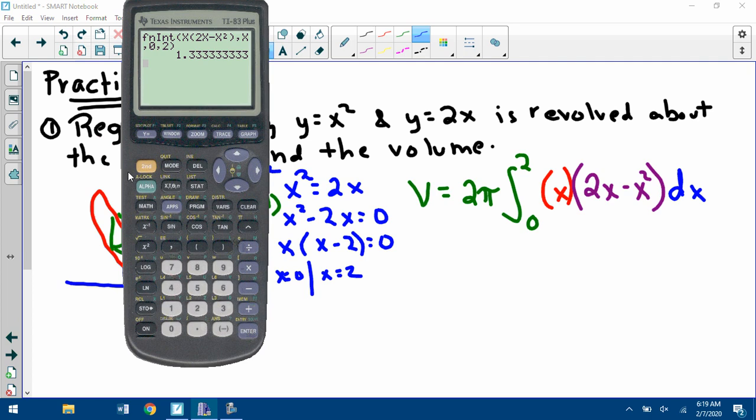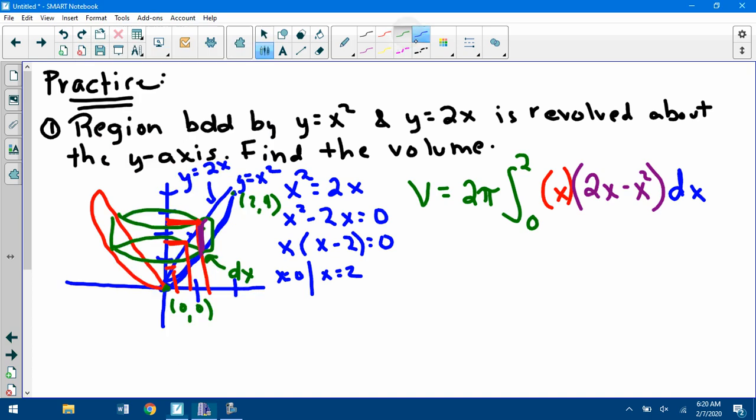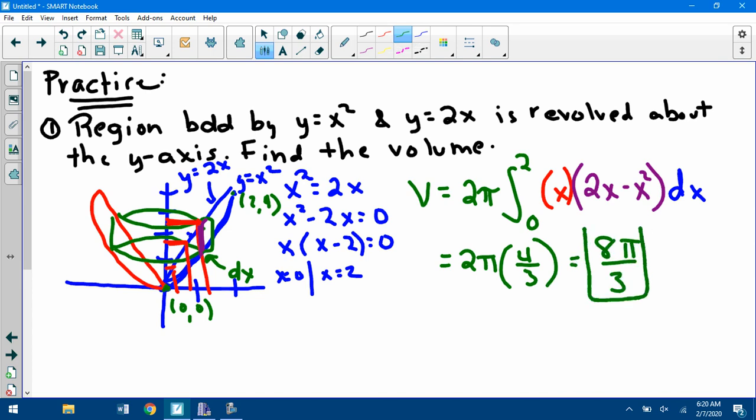And I end up with that number, which should math frac, I would hope, 4/3. But then think about what you're doing. It's 2 pi times 4/3. So what's your final answer? 8 pi over 3. Or if you put the pi in there, it would come out to be 8.378. Either would be acceptable.